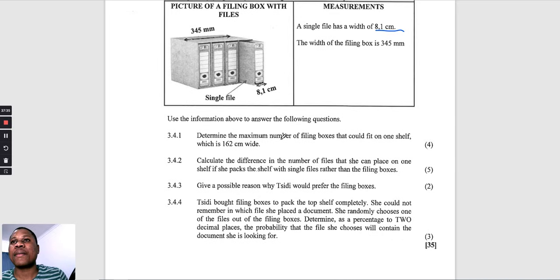They say determine the maximum number of filing boxes that can fit in one shelf which is 162 centimeters wide. Okay, this is how we are going to peg them if we peg them widely. So we can start by converting 345 millimeters into centimeters.